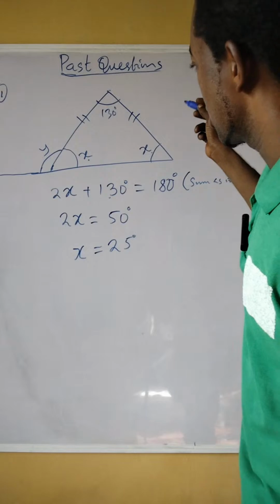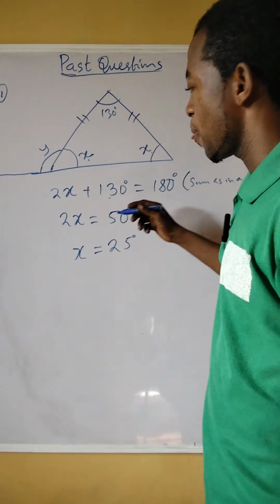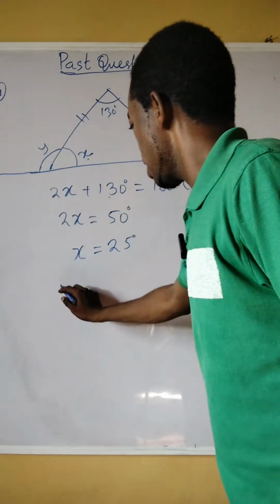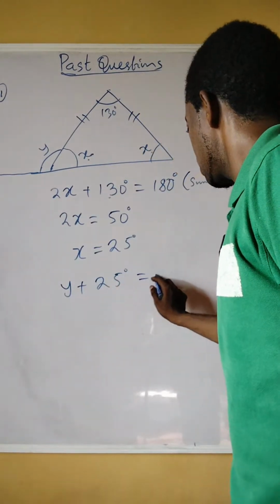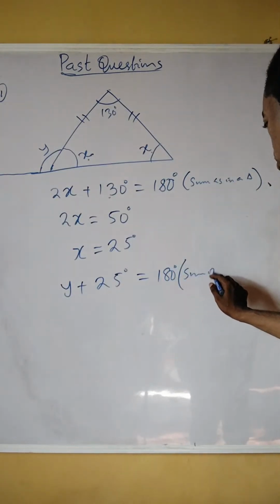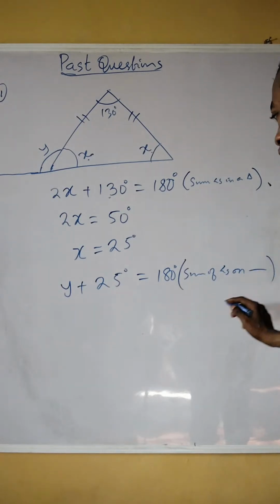Now, this angle is 25, this angle is 25. To get y, we can say that this is angles on a straight line. That means y plus x, which is 25 degrees, is equal to 180 degrees. Sum of angles on a straight line.